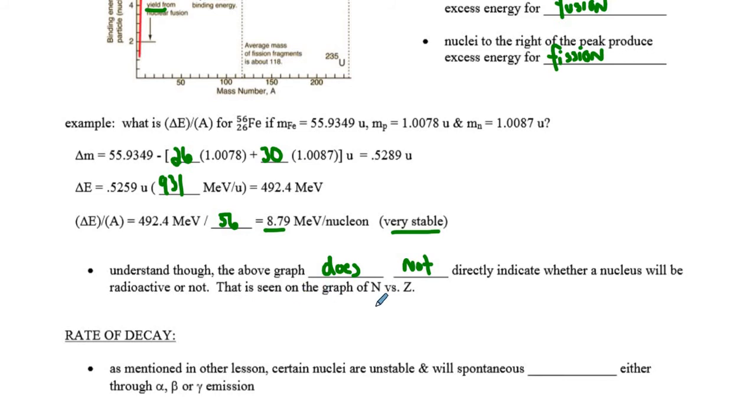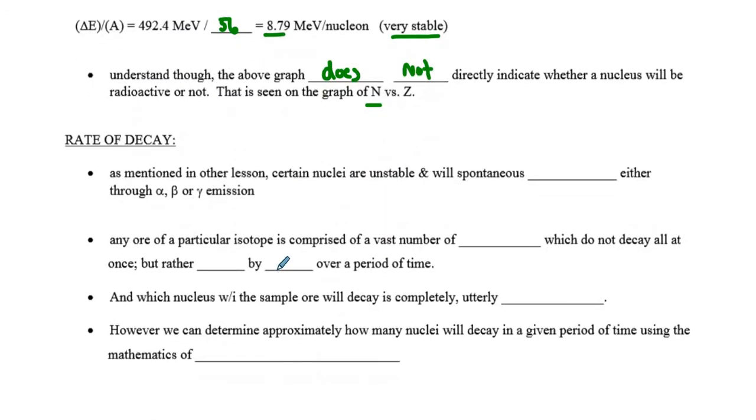All right, so in order to get the idea about radioactivity, what we need to take a look at is the number of neutrons versus the Z number, the number of protons. Kind of review a little bit here.